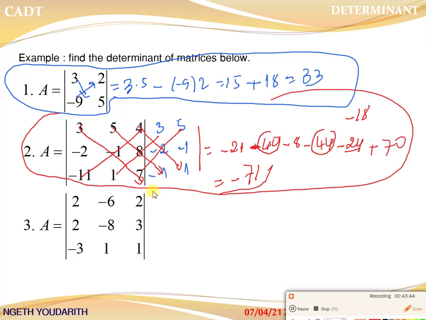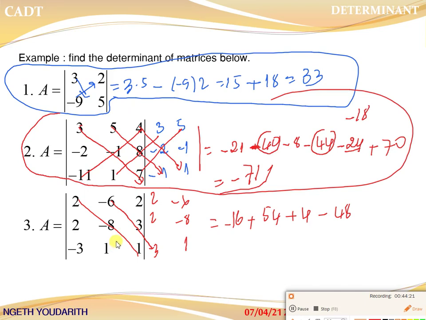This one is also like this. We write 2, 2 and minus 3, minus 6, minus 8 and 1. So this one is minus 16. This one is plus 9, which is 54. This one is plus 4. Minus 6, and 6 times 8 is 48.